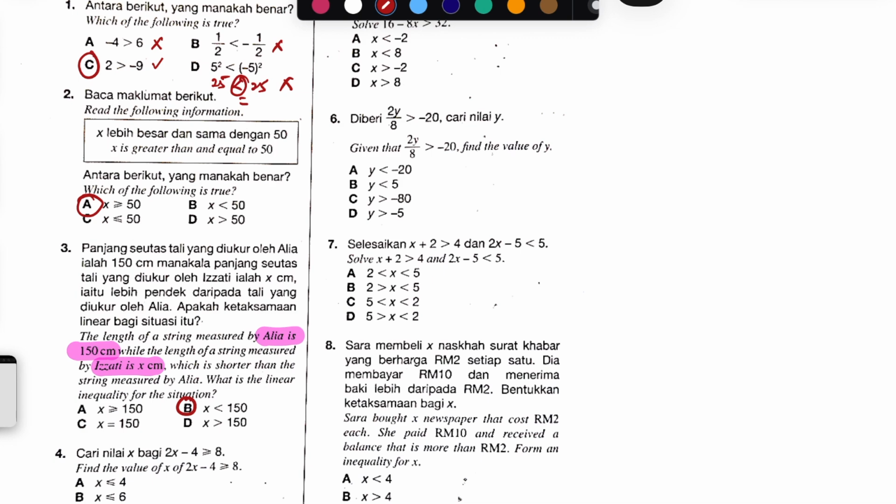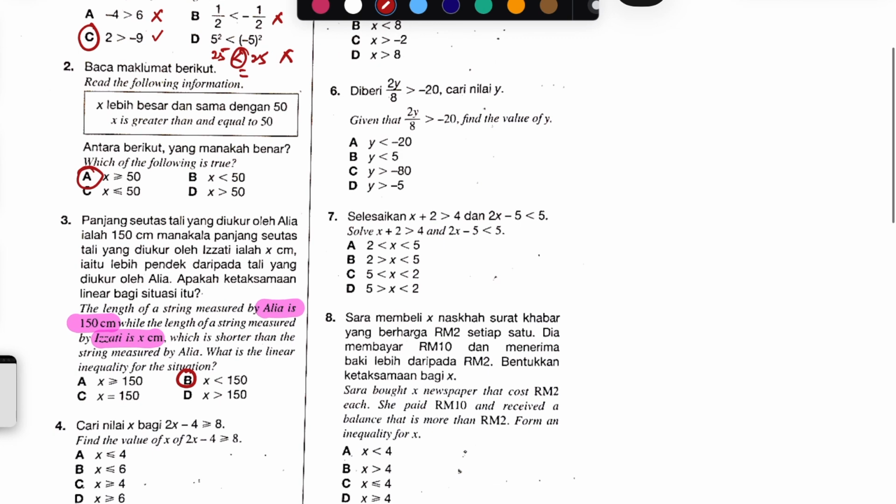Okay. So number 4, we are going to solve the inequality in order to find the value of X. Show working here: 2x minus 4 greater than or equal to 8.